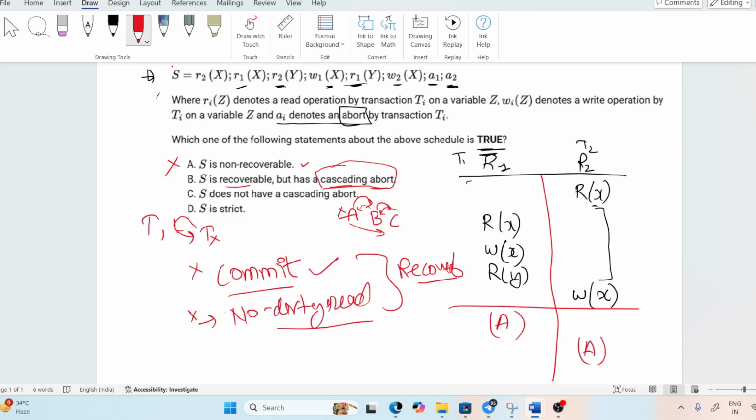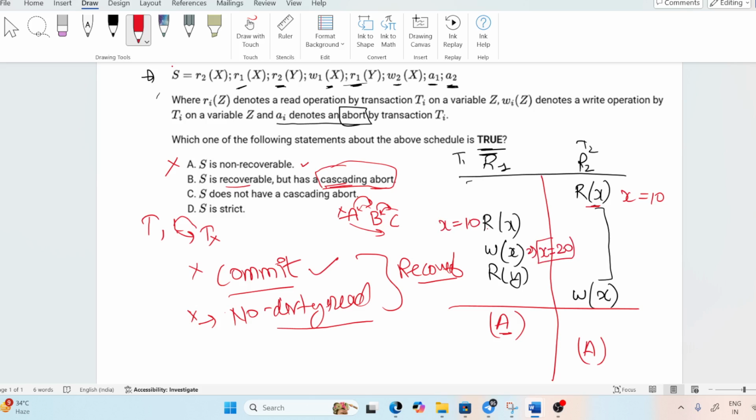So let's find out whether we have cascading abort here. Let's check whether there is any dependency. This is a read operation of x. Suppose x value is 10. This is also reading, and suppose he also got x value 10. Then this is writing, suppose he has updated x equal to 20.